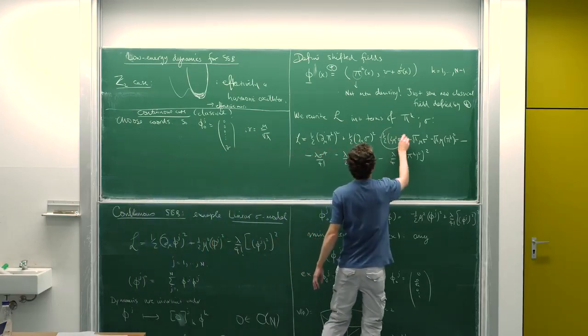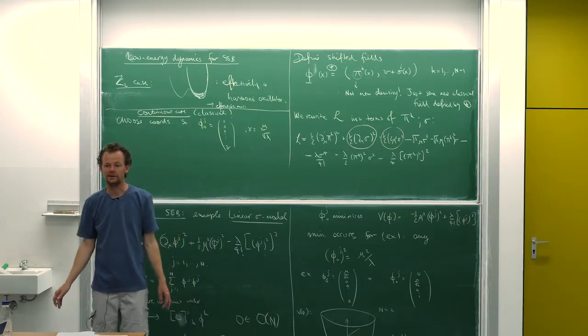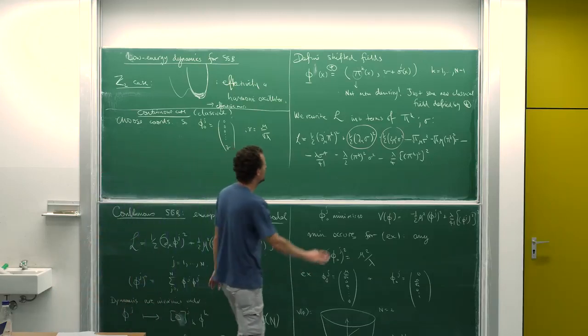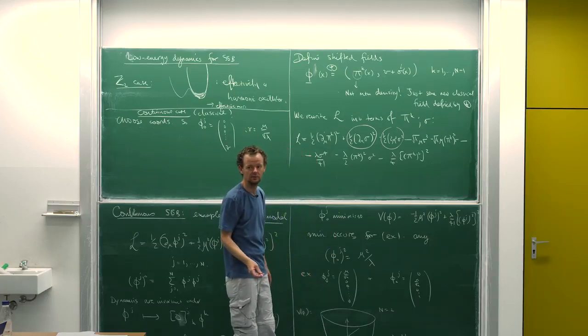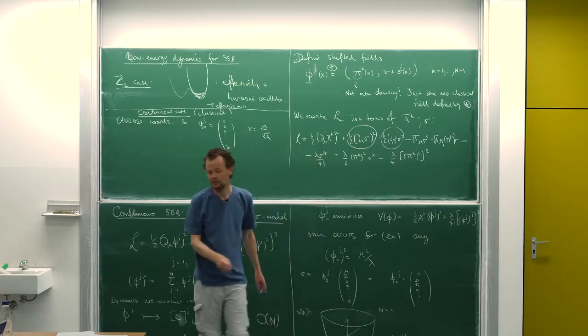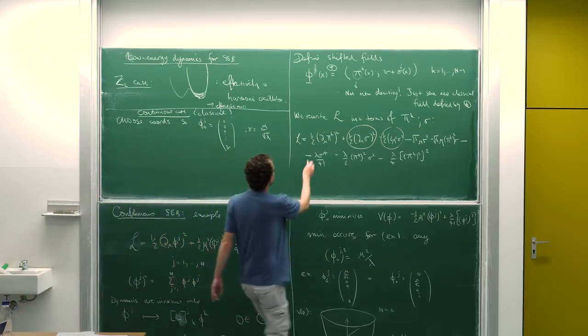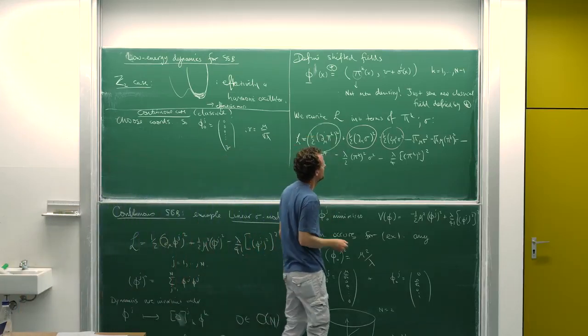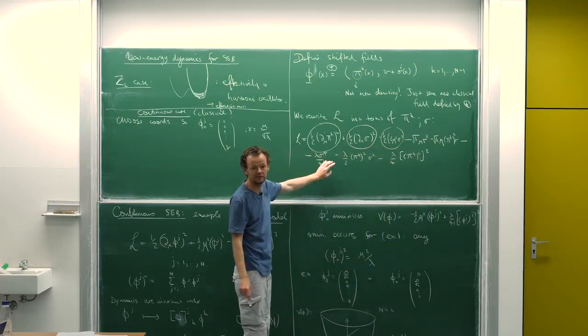So these two terms in the Lagrange density here are that of an effective massive scalar field, a massive Klein-Gordon field. And these n-1 pi fields don't have a corresponding mass term here.